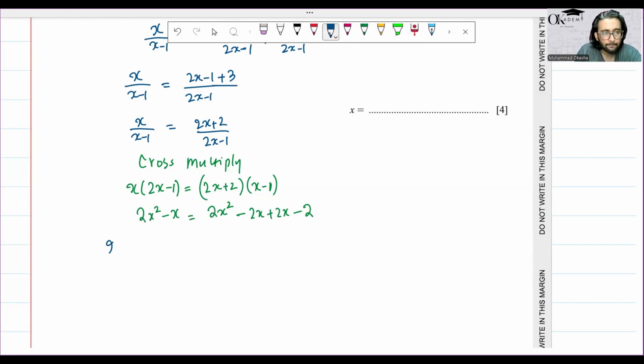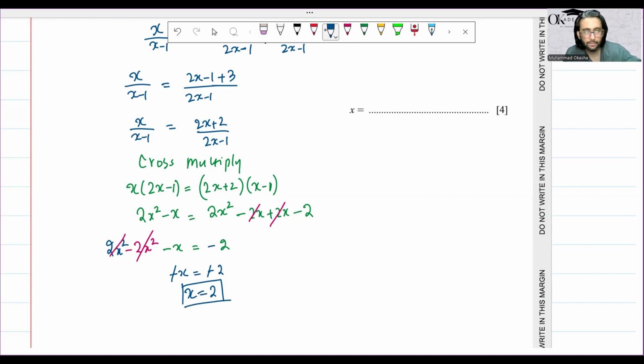Let's just write it: 2x squared, and the other 2x squared from the other side, so this is the negative 2x squared. And this 2x and negative 2x will cancel out because they're the opposites of each other. And so minus x is equal to 2. 2x squared and negative 2x squared also cancel out each other. So I'll be left with negative x is equal to negative 2, which, if you multiply by negative 1 on both sides, cancels out the negatives from both sides. So I'll be left with x equals 2.